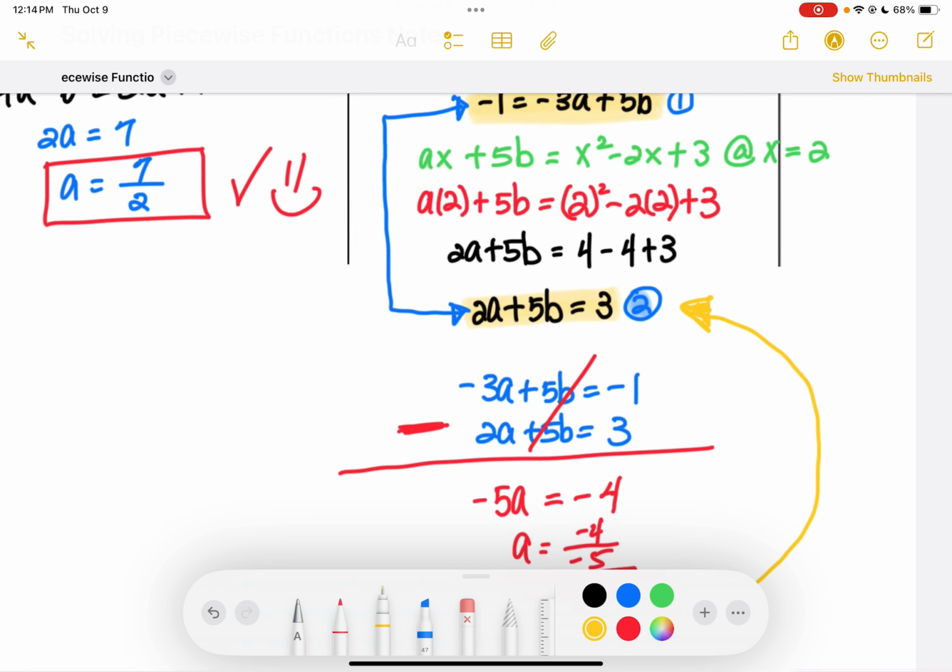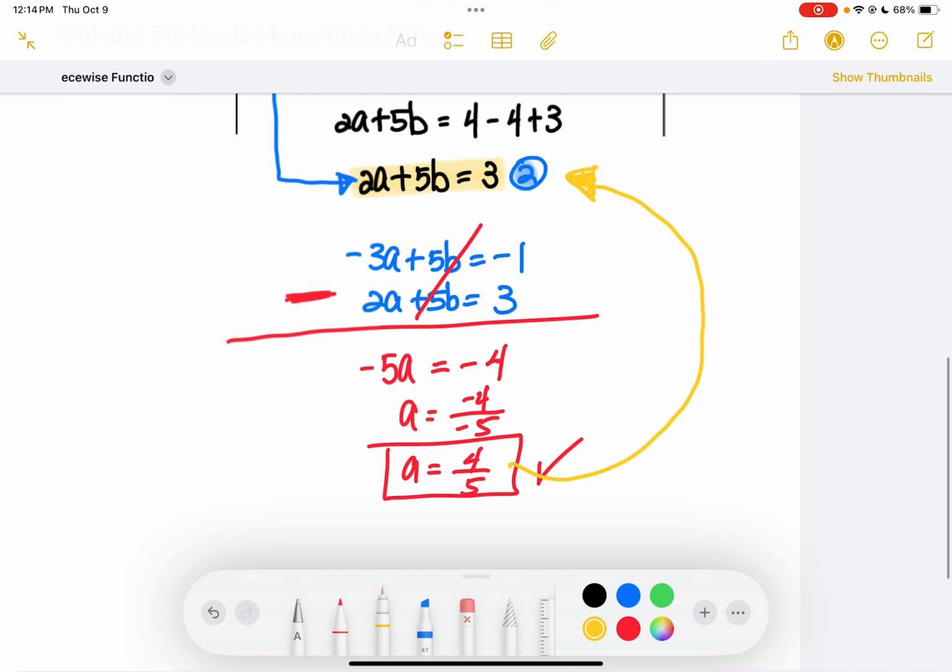So this is my strategy. I got 2a plus 5b is equal to 3 because I know a. So I'm going to plug it in. So 2 times 4 over 5 plus 5b is equal to 3.